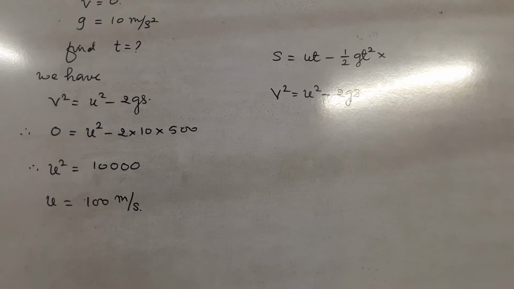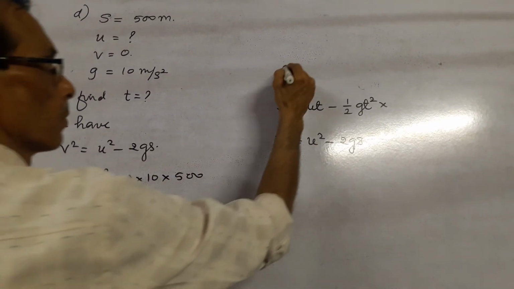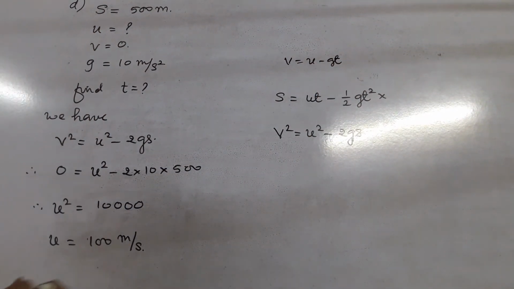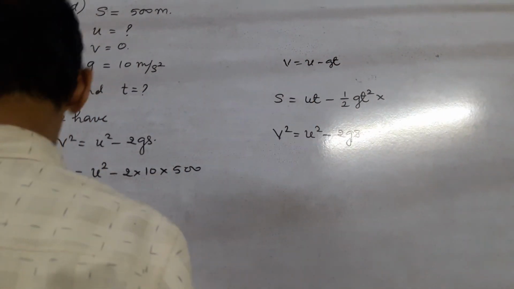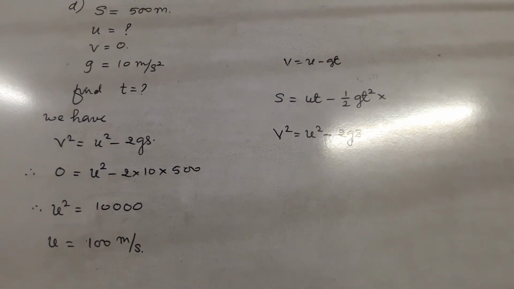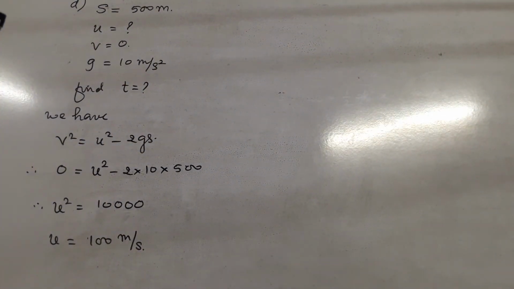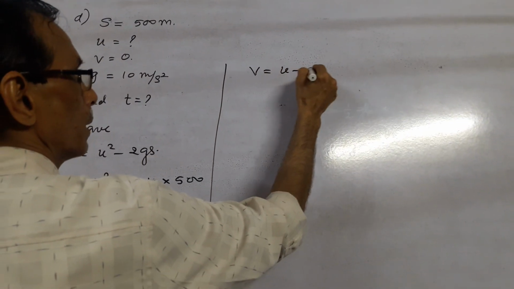At the same time we have to find t also. Now how to find t? So we have one more formula, v is equal to u minus gt. So to find t, we have v is equal to u minus gt.